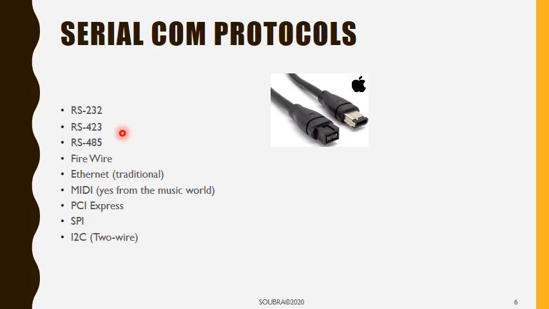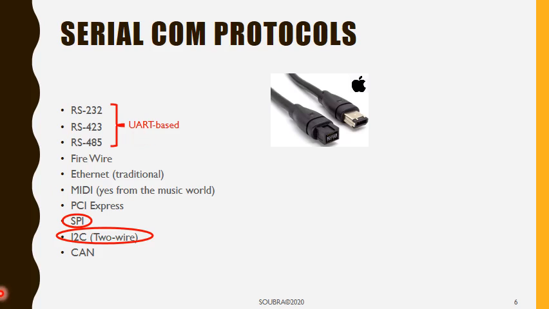I2C, also known as two-wire, we've seen that somewhere, and the CAN bus as well, right? So those three are UART based, and we've seen UART in one way or another before in this course.